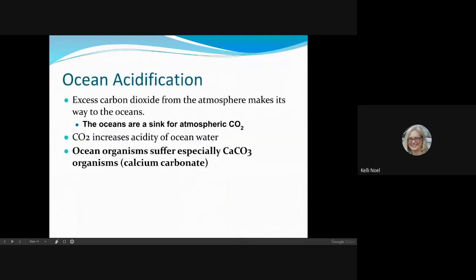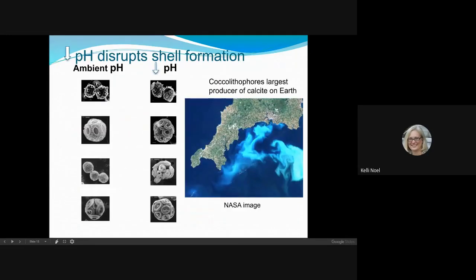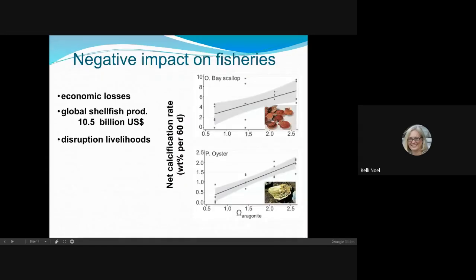So pH is disrupting the shell formation. If these organisms do not have their shells, it's going to have an impact on some of our fishing industries here.